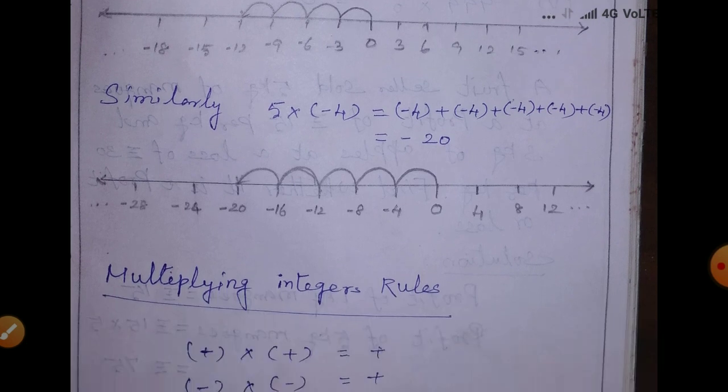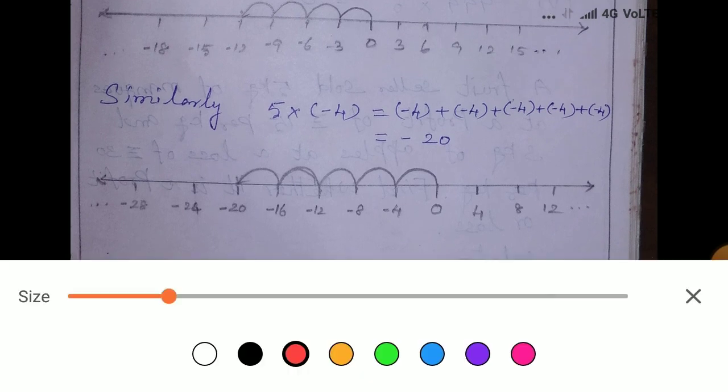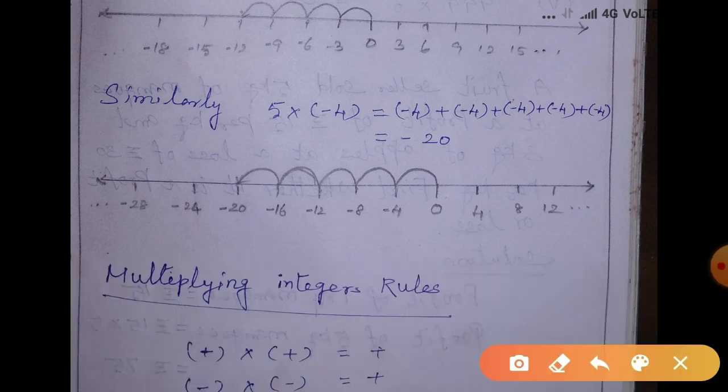Using the number line, from 0 on the left side, 0 to minus 4, minus 4 plus minus 4 is minus 8, minus 12, minus 16, minus 20. The answer is minus 20.